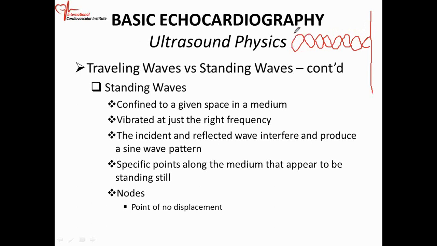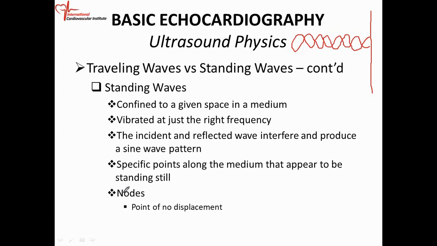If the incident wave and the reflected wave interfere with each other, that is going to produce the standing wave. That's what we call a standing wave. When you look, specific points along the medium appear to be standing still. The node is where you have destructive interference.